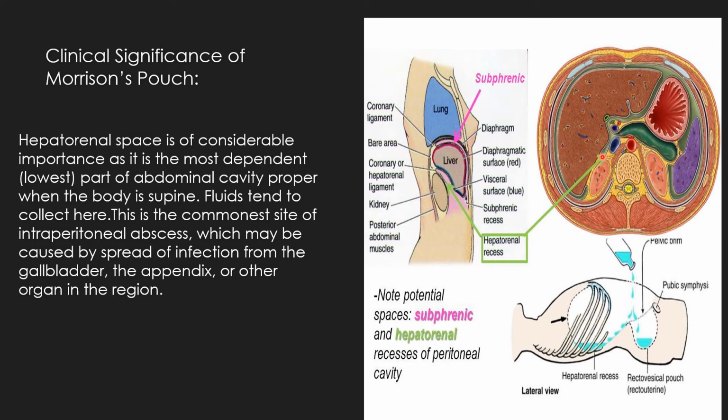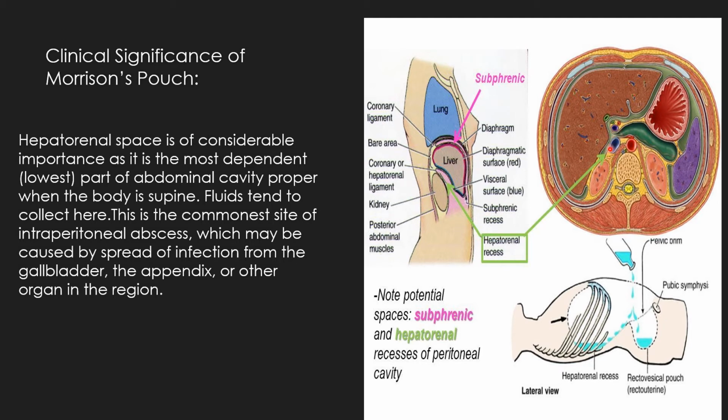The space between the right lobe of the liver and the kidney is known as the hepatorenal recess. On the right extremity, this recess is limited by the diaphragm, and on the left extremity, it communicates with the lesser sac through the epiploic foramen.